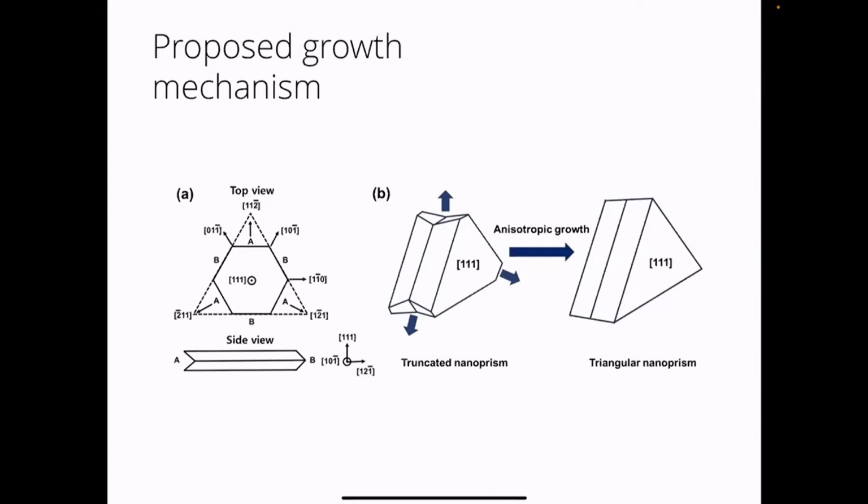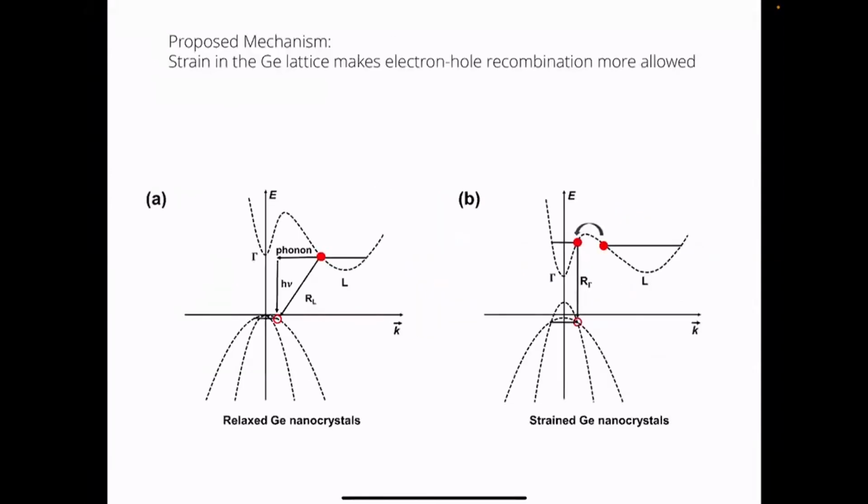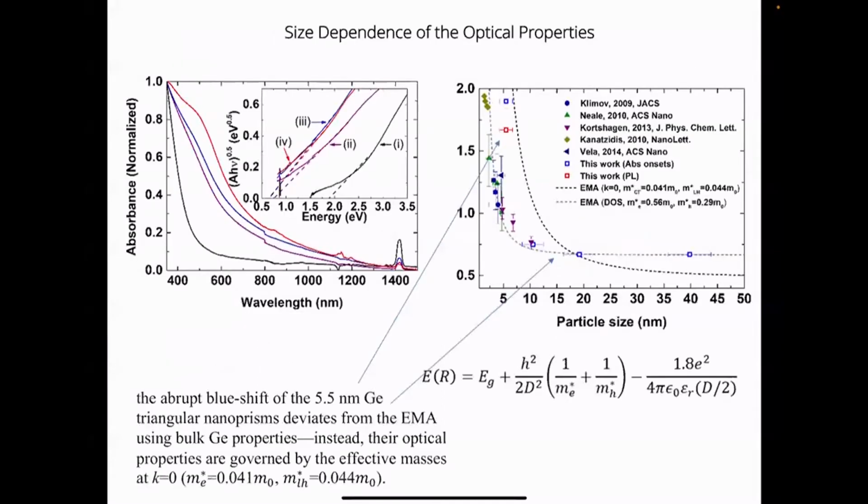So you have a quantum size effect and some lattice strain that shifts the band gap, maybe not to become totally direct, but almost direct. And so the two reasons for the light emission are the quantum size effect and also the strain within the dots.